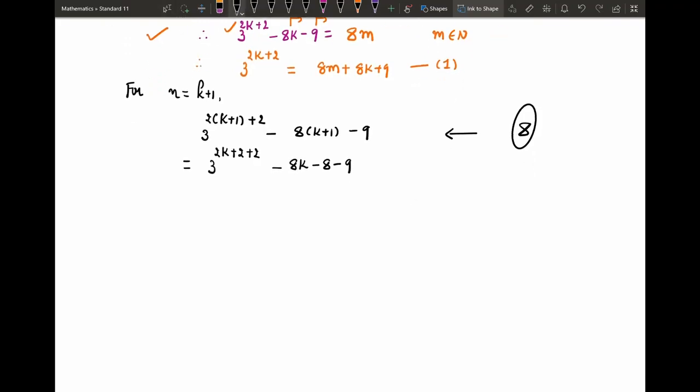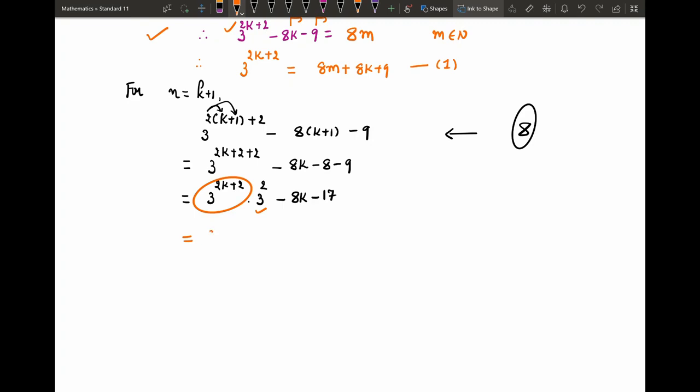That is 3 raised to 2k plus 2 into 3 square minus 8k minus 17. Now to use result 1, we substitute the value of 3 raised to 2k plus 2 from result 1.